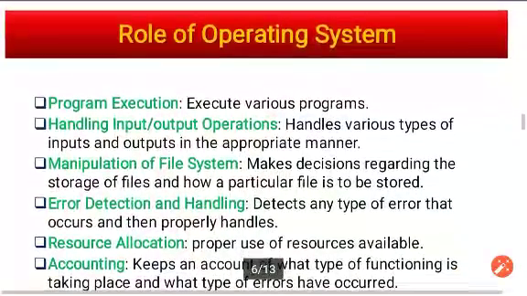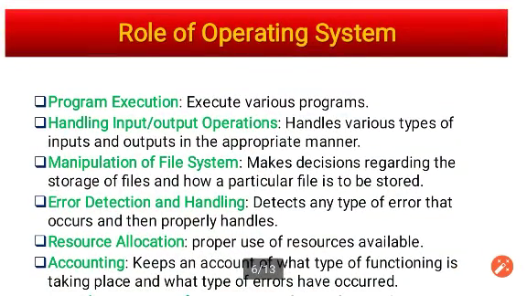Now let us see what the role of operating system is. First, program execution. That means the operating system helps the computer to execute and run the various programs. Then handling input-output operations.